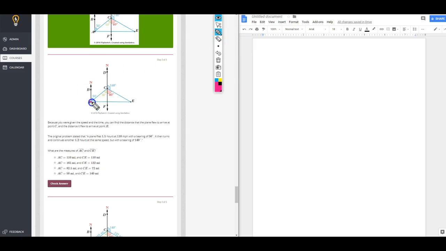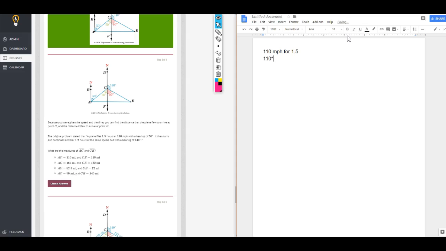So segment AC, it was traveling 110 miles per hour for 1.5 hours. So what we can do is, it's traveling 110 miles for every 1 hour.